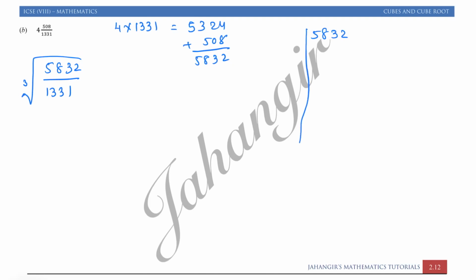We can find the prime factors of 5832 and of 1331.